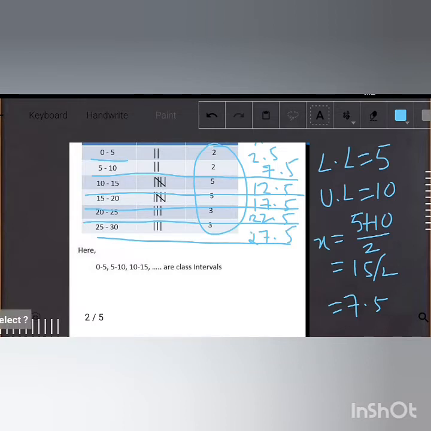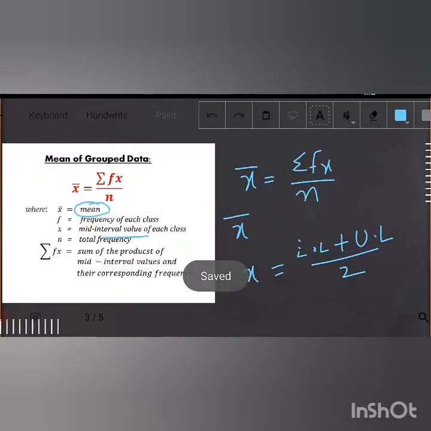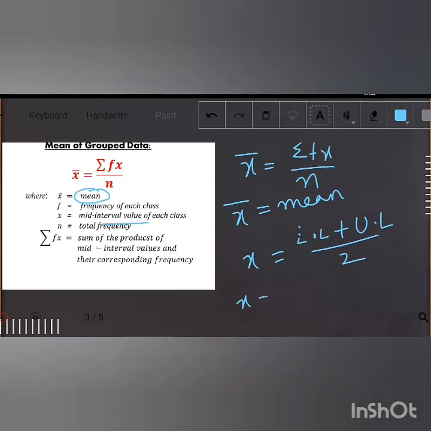This is how we find the x value for the mean. So x is upper limit plus lower limit by 2, nothing but the mid values.